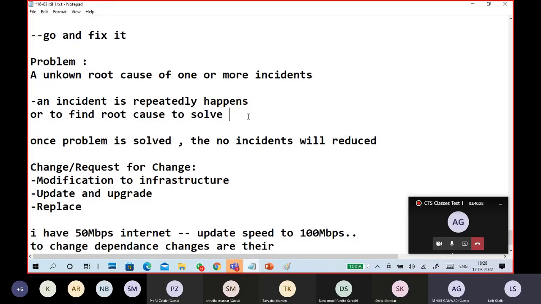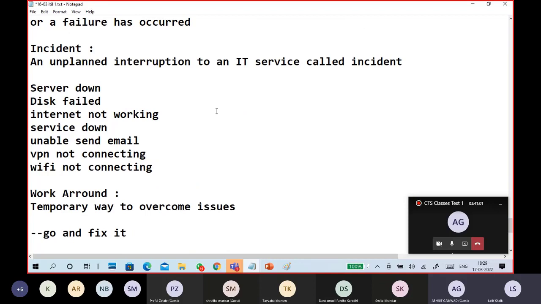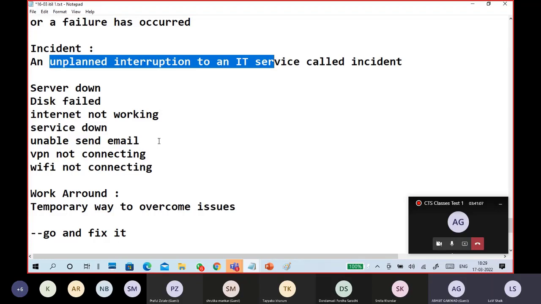For example, I have a system with a hard disk. It is running, but suddenly it turns off, or suddenly it throws an OS related error. The problem is a loose connection of the hard disk. Because of the loose connection, the system goes down. That is an incident.